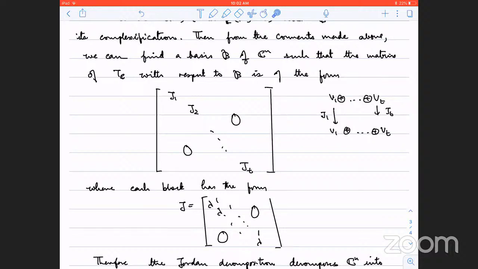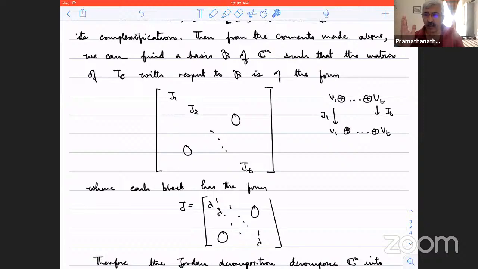So look at the subspace for the generic block J_i. It is of size something cross something, between M and N. You look at E_M all the way up to E_N, and look at the subspace spanned by that.